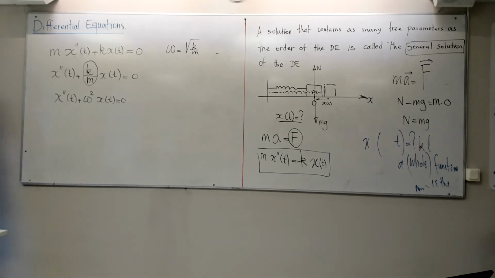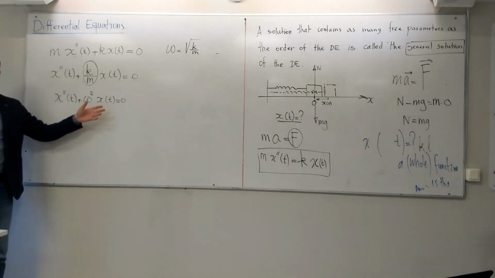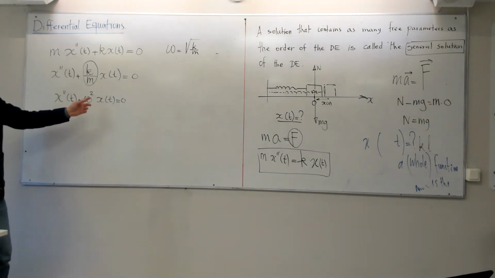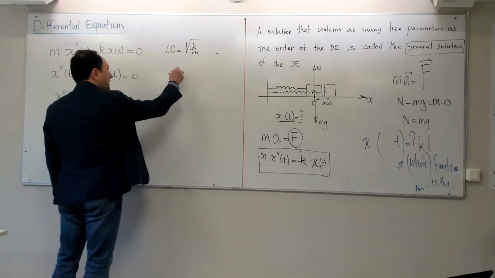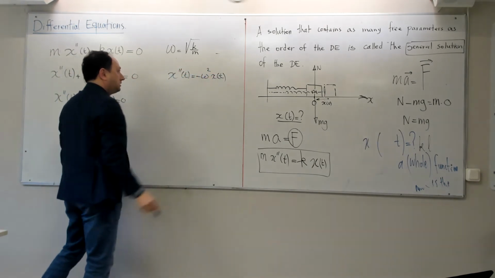Can you guess a function which more or less has this behavior? When you differentiate it 2 times, it more or less becomes equal to itself up to a constant, yes? Because omega is a constant, yes? If I write it in that way, yes? E to the power of a constant.